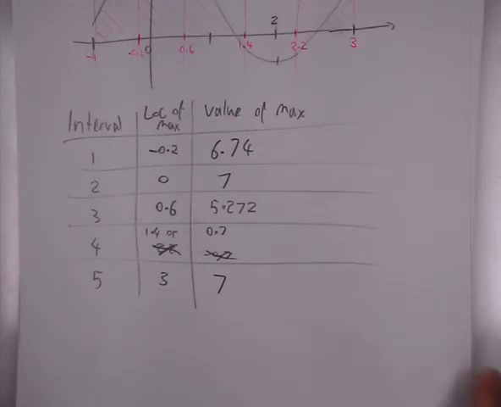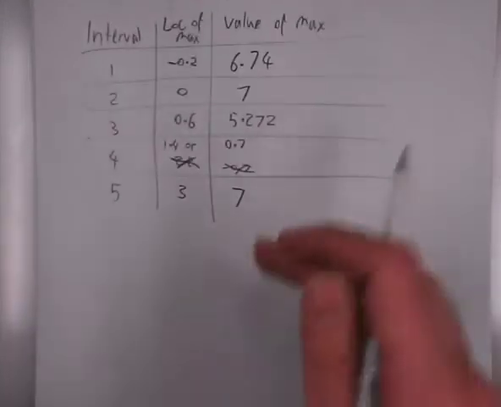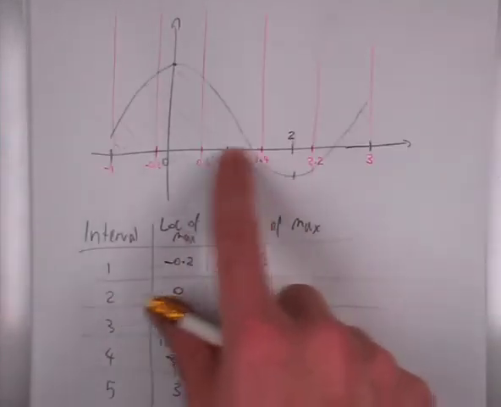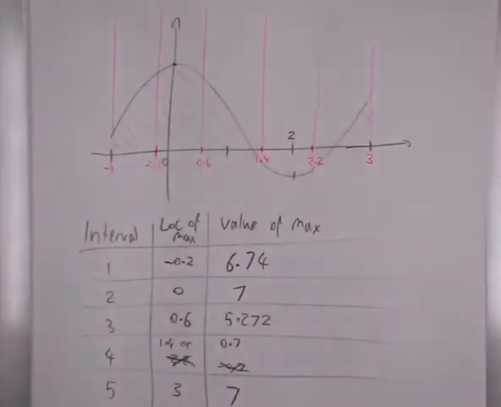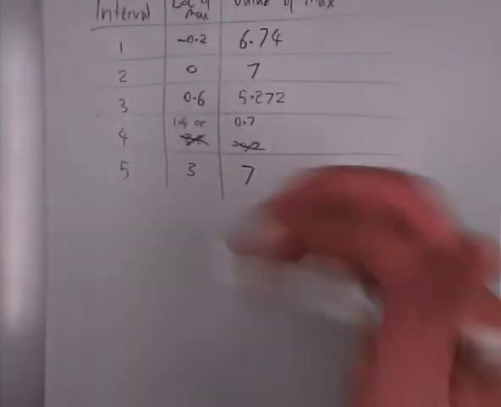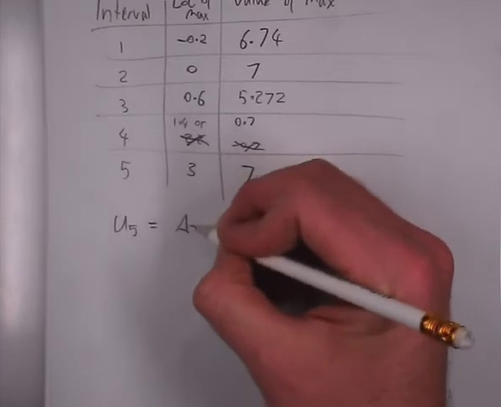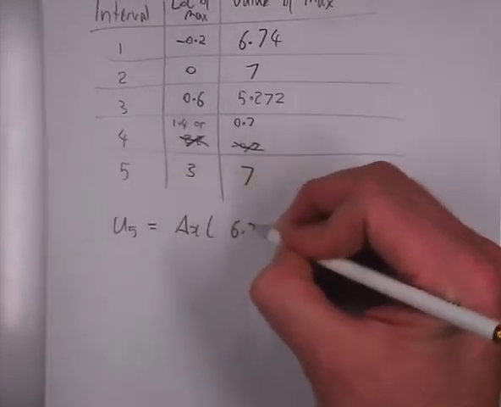And to find the value of the upper sum, I'm going to have to add them all up, times by the width here, and that's the answer. So U5 is the delta x times these things.